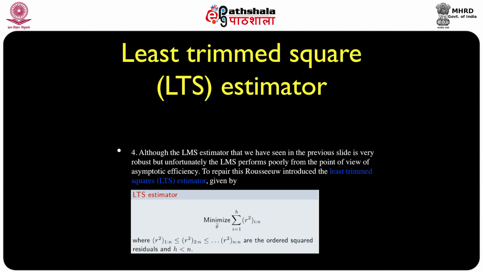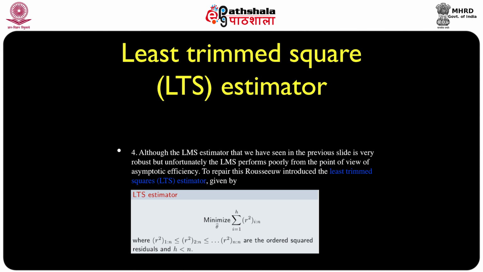The next method of robust regression we can use is the least trimmed square estimator. Although the least median square estimator that we have seen in the previous slide is very robust, unfortunately the LMS performs poorly from the point of view of asymptotic efficiency. To repair this shortcoming, Rousseeuw introduced the least trimmed squares estimator, which was given by minimizing the sum of the square of residuals by taking the sum over i equals 1 to h, where h is less than n.